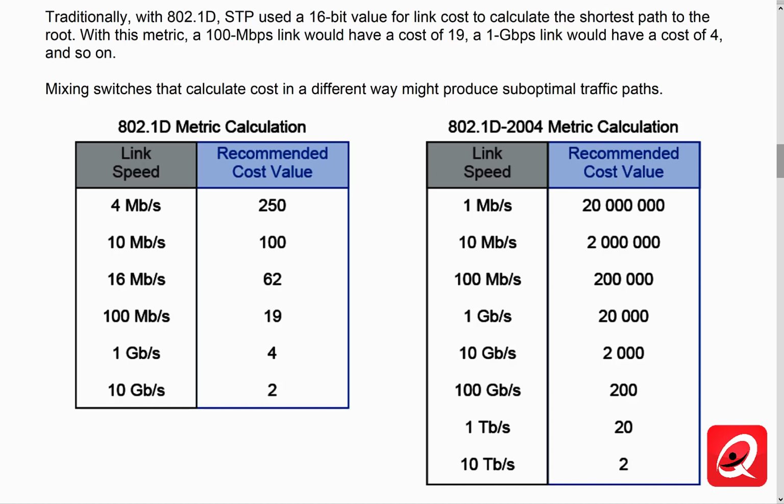Now, if you are running classic 802.1d metric type calculations, or PVST+ uses those same metric calculations, you can change that behavior and go from a 16-bit metric to a 32-bit path cost value by executing the command spanning-tree pathcost method long, which would be recommended, especially if you have links that are faster than 10 gigs.